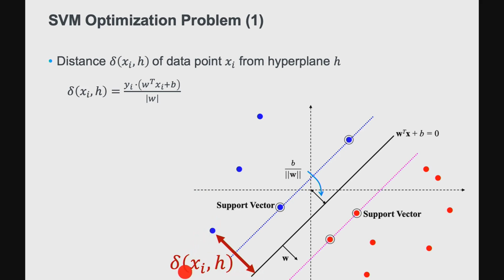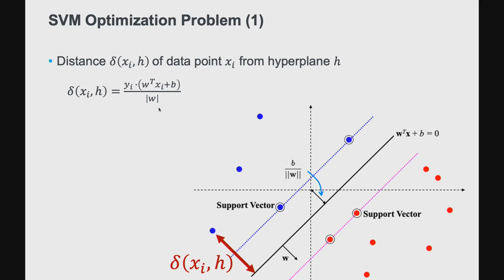What is the distance between point xi and this hyperplane, h? And the distance is nothing else than the class times w transpose xi plus b divided by the length of this perpendicular vector. The length of this perpendicular vector doesn't really play a role, right? Because all the function of this perpendicular vector is to indicate the direction.